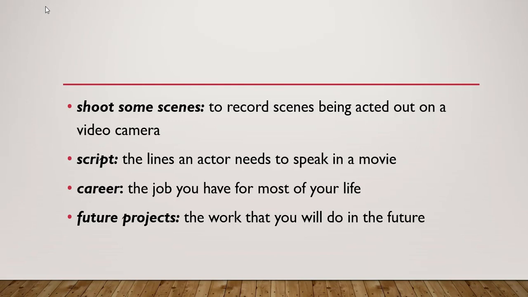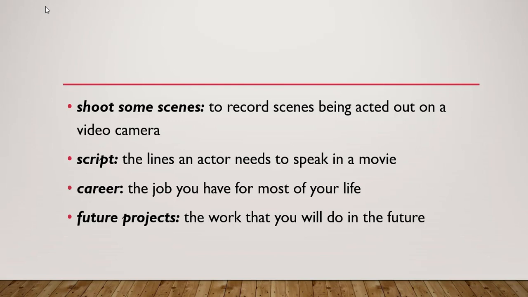So when you are recording something that is being done in a movie, you are actually shooting some scenes, the action of doing the movie being recorded at the same time. You are shooting some scenes. So to record scenes being acted out on a video camera.